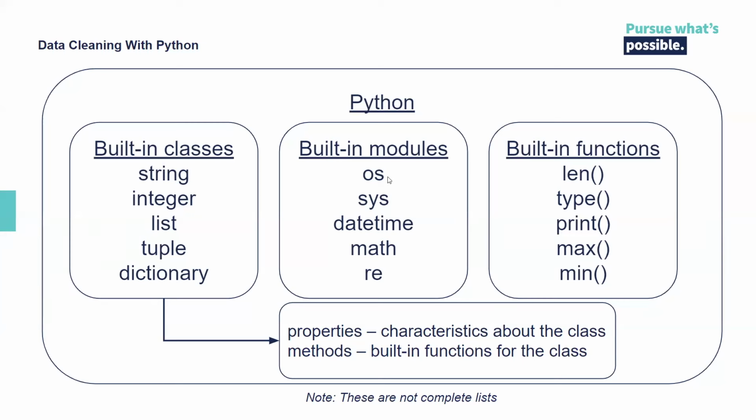For example, the os and sys modules tell us information about our computer and our operating system. The datetime module allows us to work with dates and times like you would suspect. The math module helps us do more sophisticated calculations, and so on. These are not complete lists of the classes, modules, and functions, just examples of the things that come along with Python when you first download it.